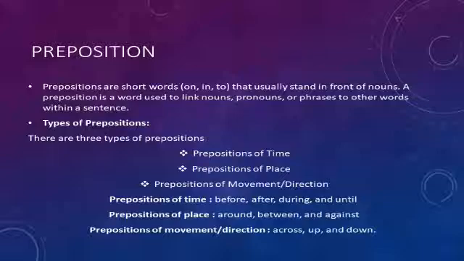Next one is prepositions of place. Prepositions of place is used to specify a particular place. So it can also specify some sort of boundaries and also it can specify the surface of things. Next one is prepositions of movement or direction. Prepositions of direction express the direction of something.